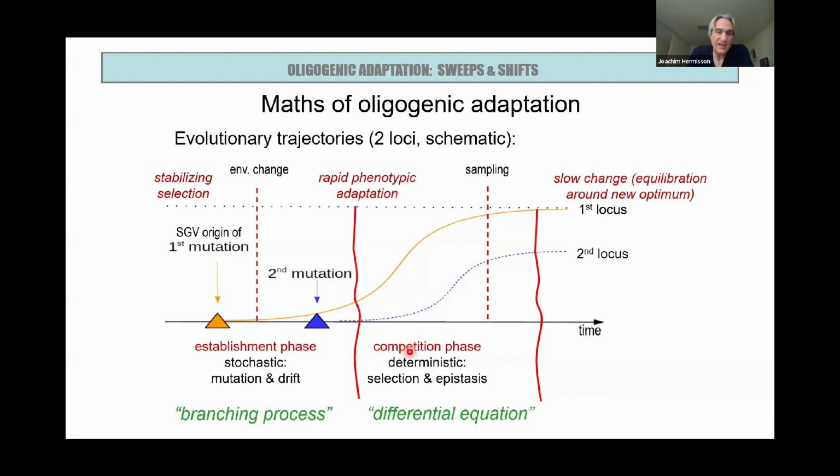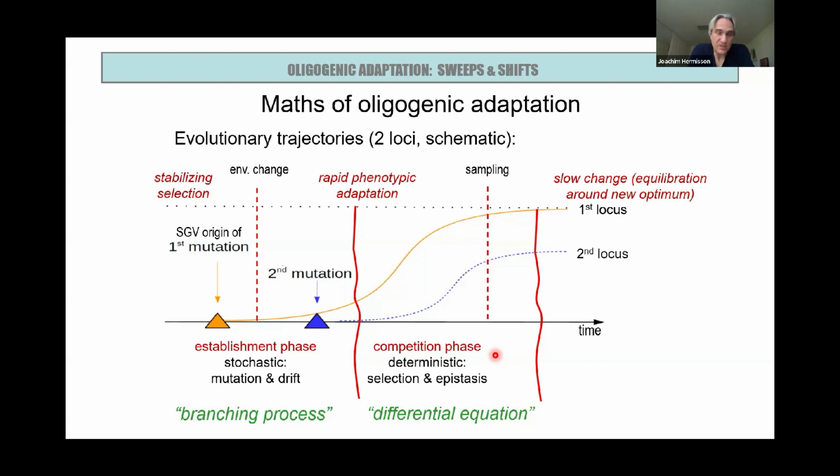Now, a little later, when these allele frequencies have grown, epistatic interactions do become important and can no longer be ignored. However, since these allele frequencies are larger, we can ignore further action of genetic drift. We are in this competition phase, and we can use deterministic theory to describe things from here on.